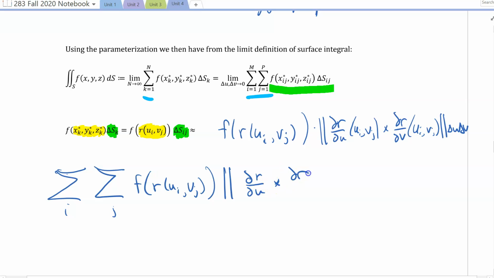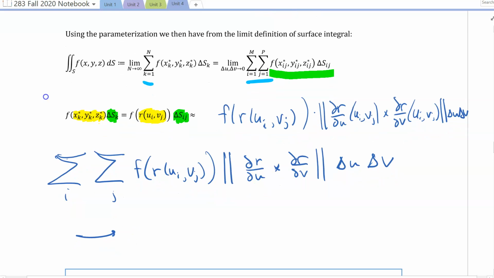It's the length of the cross product vector of those partial derivatives evaluated at u sub i, v sub j, and then it'll be times delta u and delta v. What is this going to turn into as we let delta u and delta v shrink to 0? What's this whole thing going to turn into?